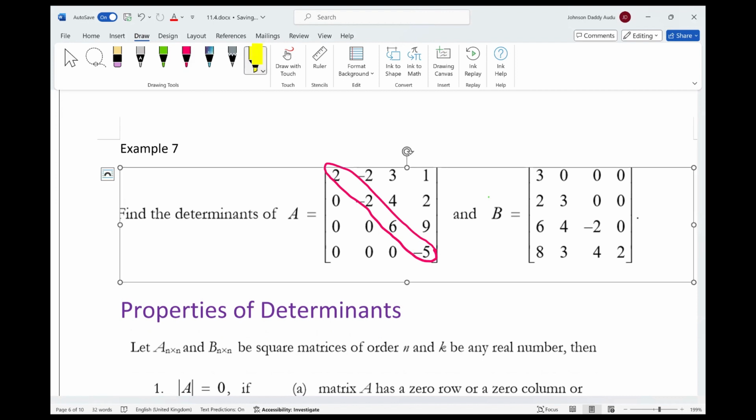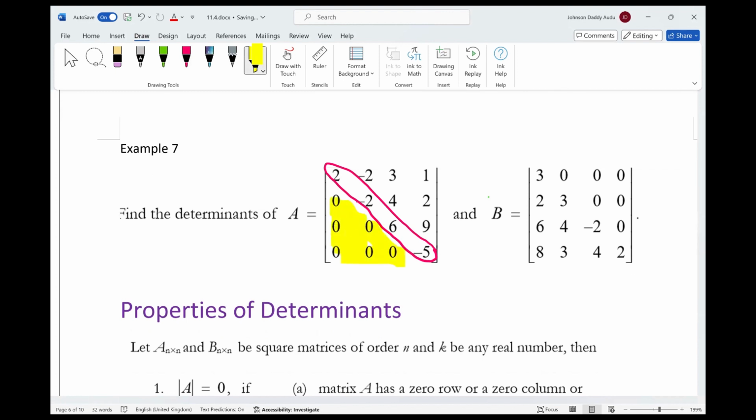So this is an example. You see all these elements are zeros. And in this case also, all the elements above the main diagonal are zeros. So this type of matrix, we call them matrix in triangular form.